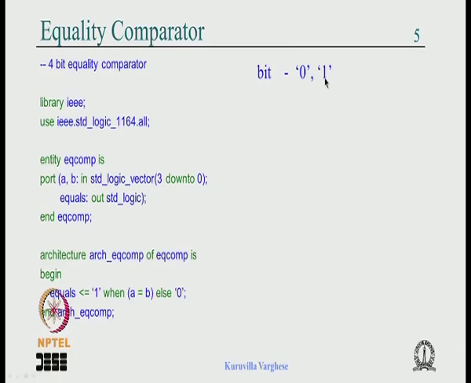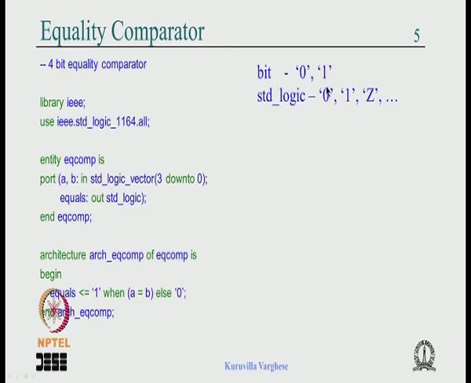At least we have the tri-state gate, and we want to use a Z to describe that some output needs to be tri-stated. That is described in std_logic, a data type which is available in this particular library and package. So that's why we use this.